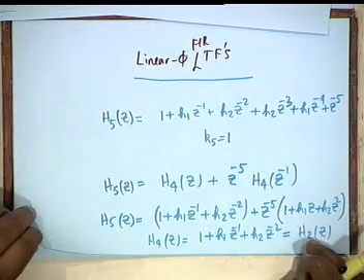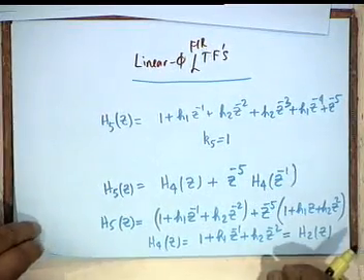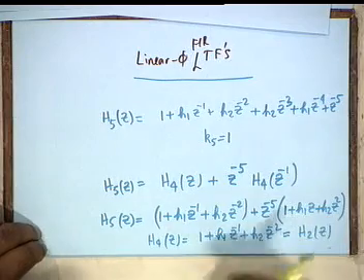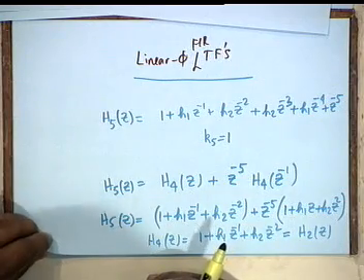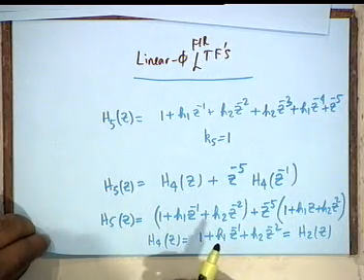That is, what is K4? You see, from H2(z) we will be able to obtain K2 and K1, but what is K3 and K4? 0. Agreed? Which means that instead of these 2 blocks we shall simply have the delays Z inverse, Z inverse. Is that clear? So, while writing H4(z) as 1 plus H1 z inverse plus H2 z to the minus 2, we have reduced the next 2 to equal to 0.